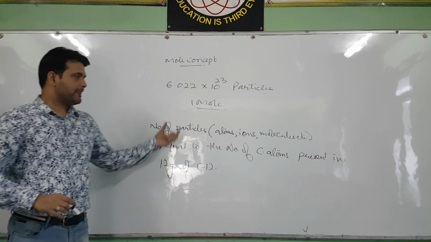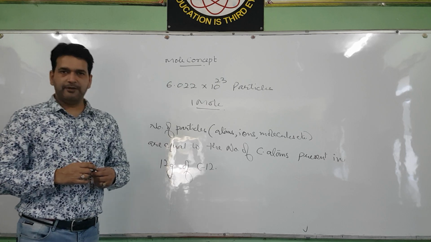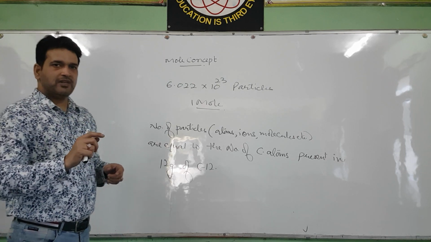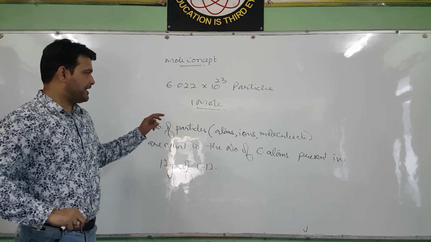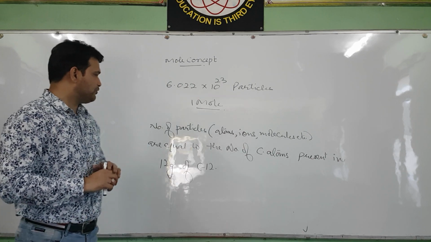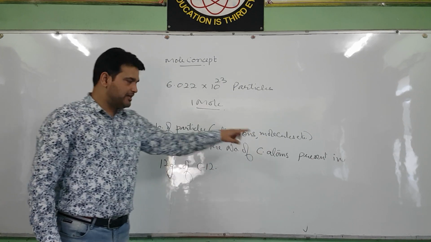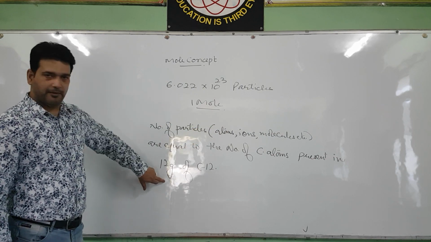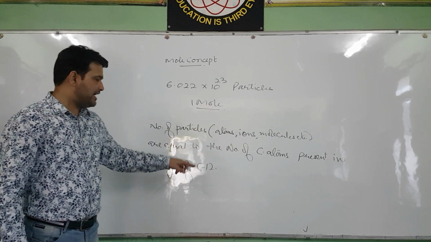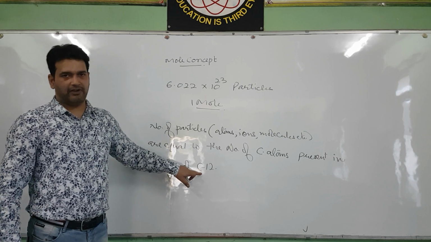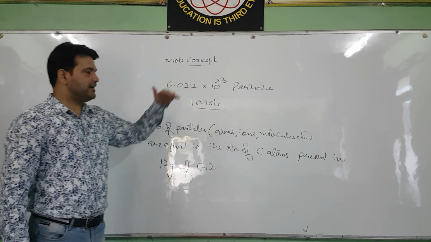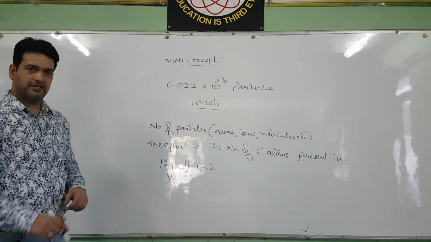So this is the definition of one mole. One mole may be defined as the number of atoms, ions or molecules which are equal to the number of carbon atoms present in 12 gram of the C12 isotope. This is the definition of mole concept.